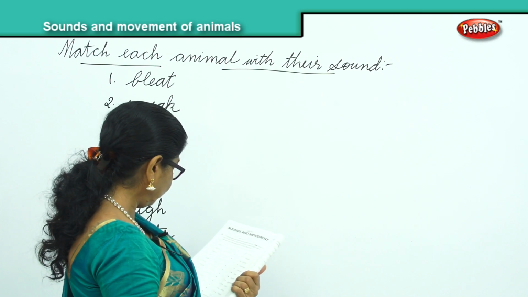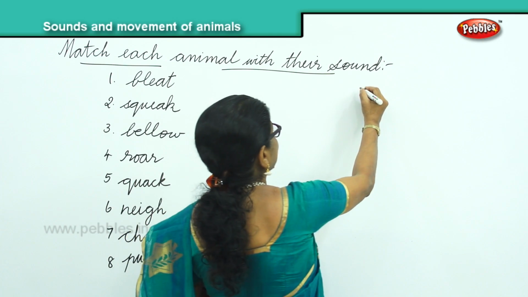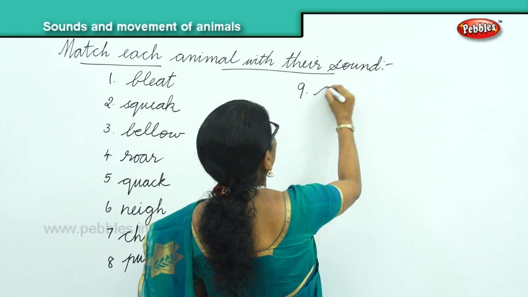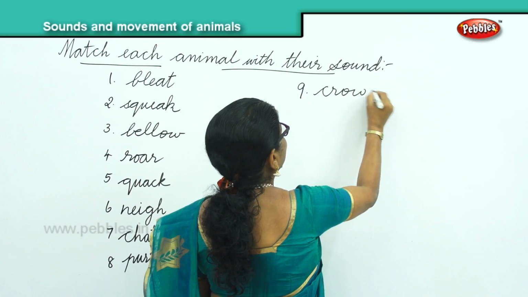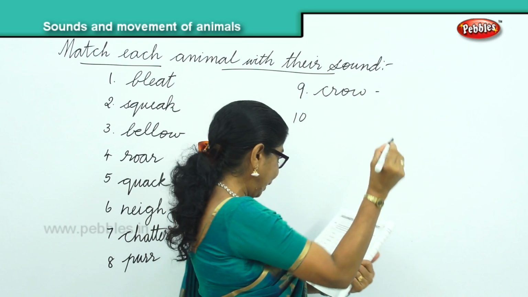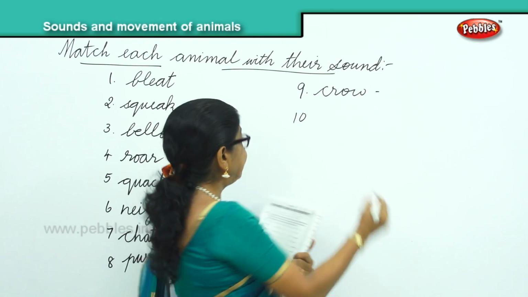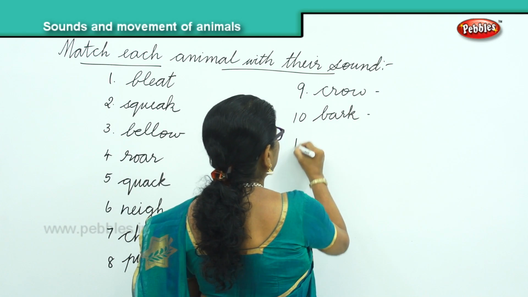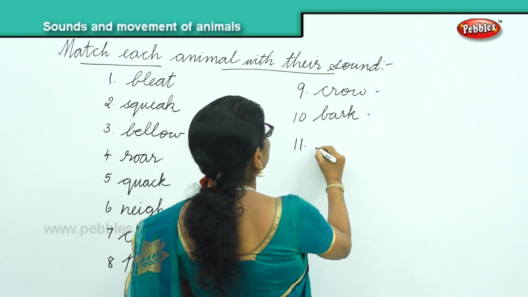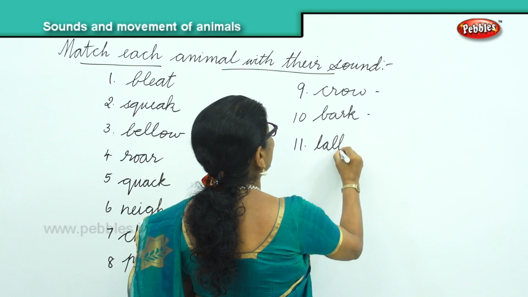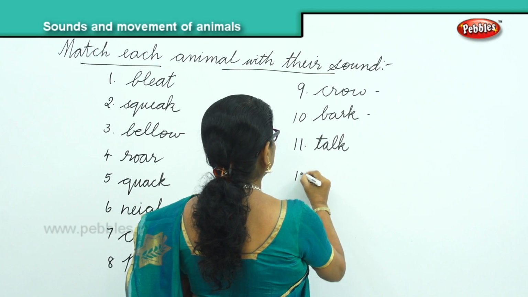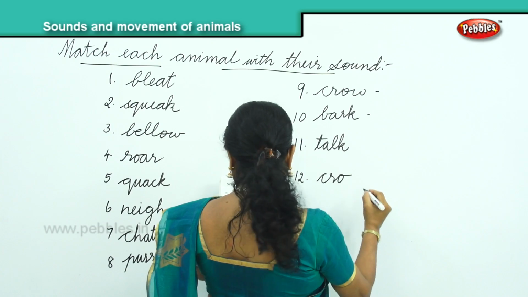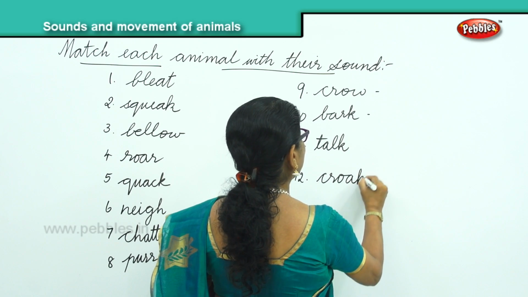Then we have crow. What does the crow say? Caw, good. Then we have bark. Someone barks. Who is that? Dog. Yes, your dog barks. And then you talk and talk all the time. And then, who croaks? A frog is croaking all the time.